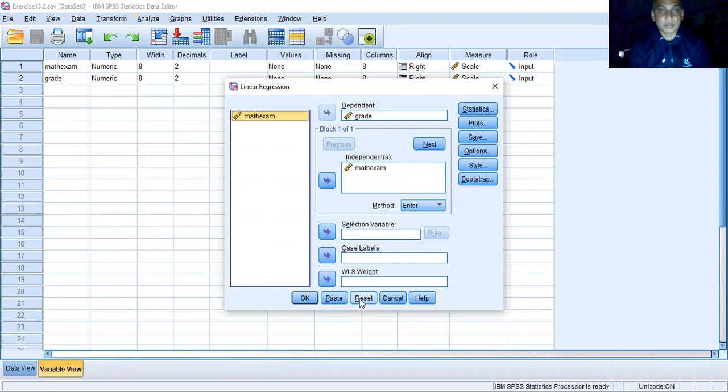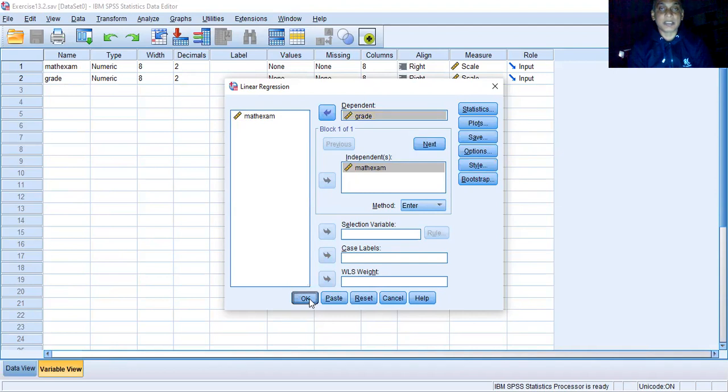This is the reset I'm doing because I had done the analysis a while ago. Here we have the math exam, which is the independent variable. The grade is the dependent variable. And I simply will click on OK.